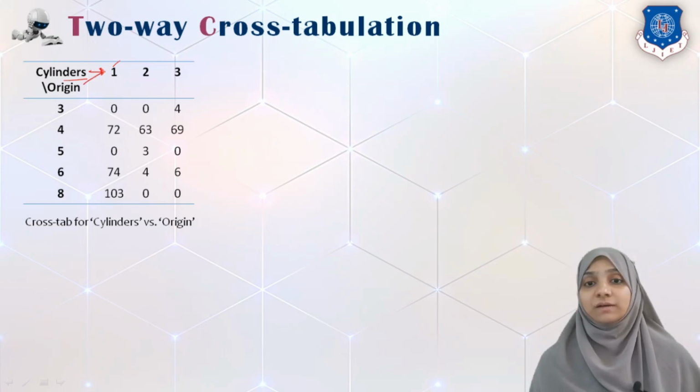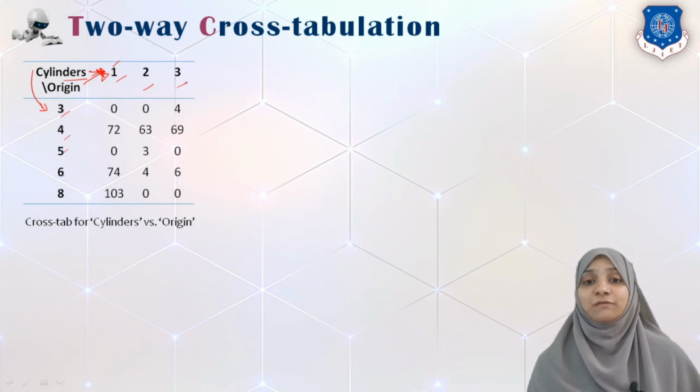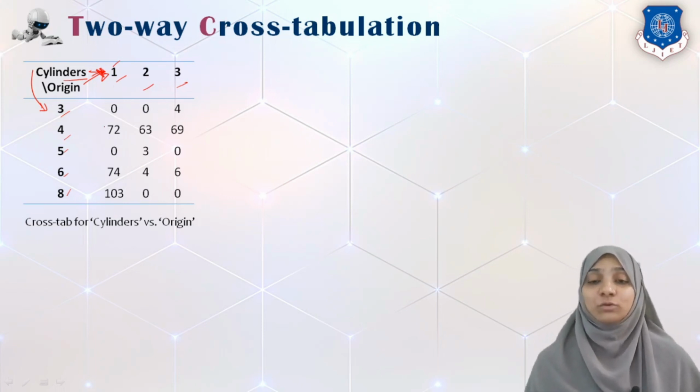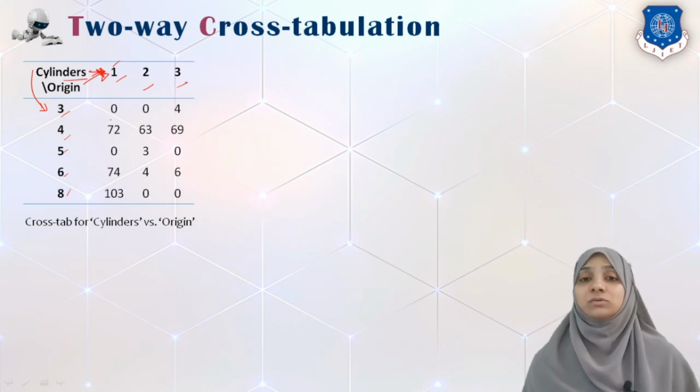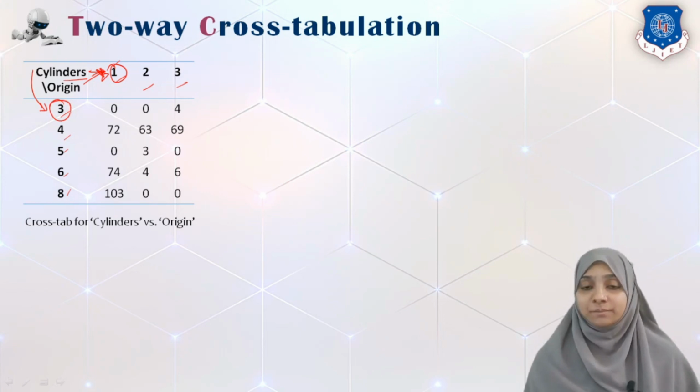Over the columns we have origin, that means 1, 2 and 3, and over the rows we have cylinder. Cylinder can take values 3, 4, 5, 6 and 8, and we have put in all the counts with matching cylinder and origin values. We count the number of rows with origin 1 and cylinder 3.